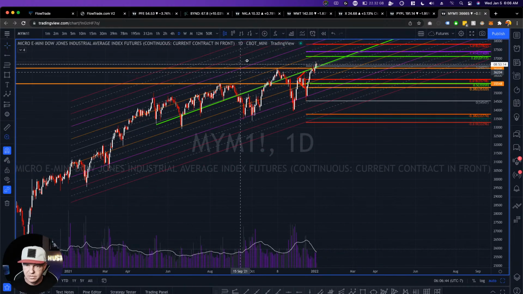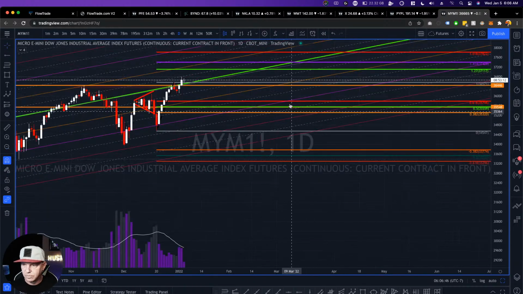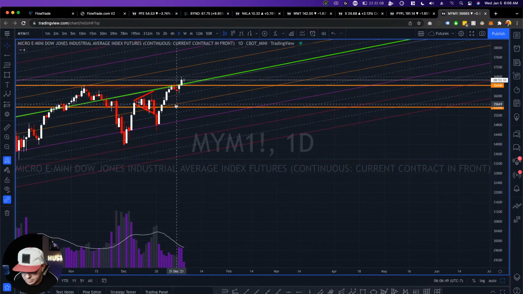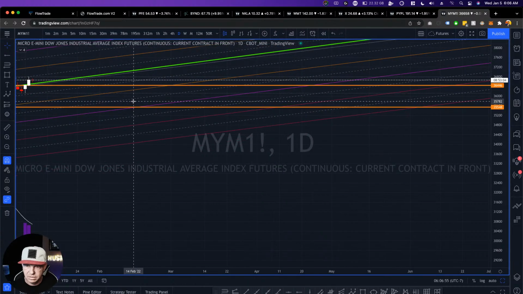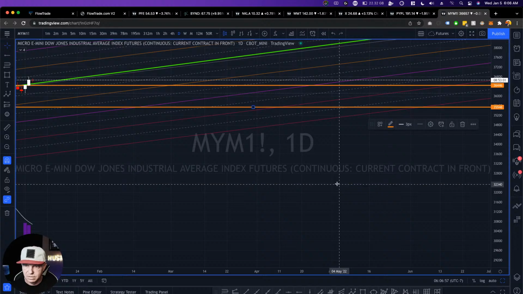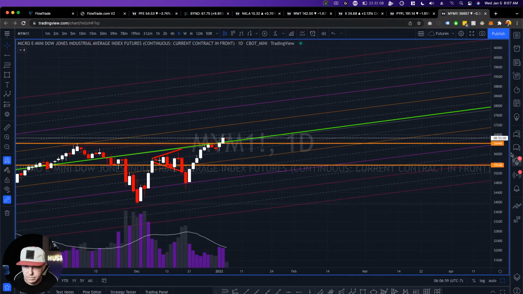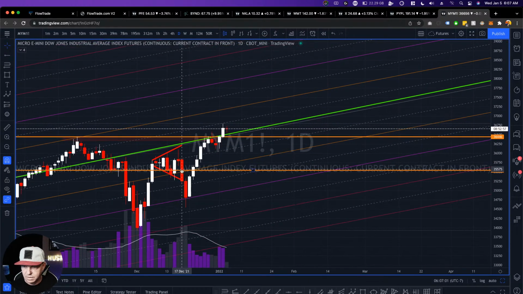See that green line that we drew? We're just probably going to follow that green line all the way up. Let me get rid of these fib levels, so clean up this chart a little bit. All right, that's a little bit better. So nice clean 1, 2, possible 3.